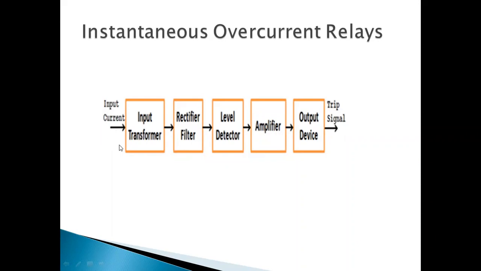These CTs or PTs reduce that voltage and current to a measurable value. So we take this input current from the CT, and then it is given to the input transformer.